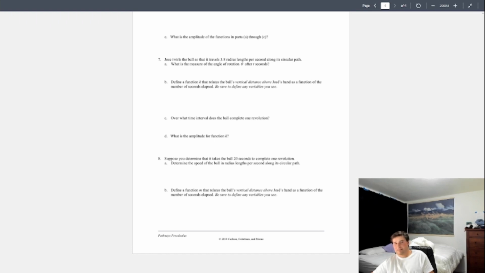Because I calculated it at that speed, being 0.313, the math kind of checks: if I'm multiplying it by the seconds that got me to that speed, it would give me one rotation. So that's a little reassuring. I'm going to definitely ask the professor, but I think that's a good answer. 0.313 radius length per second.